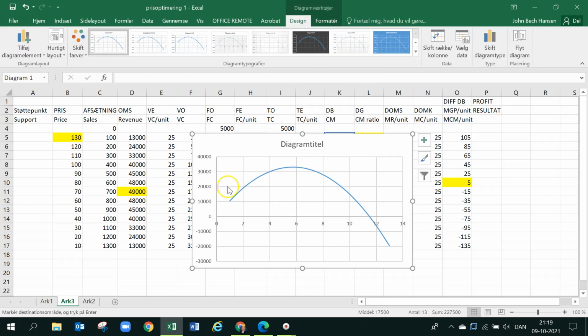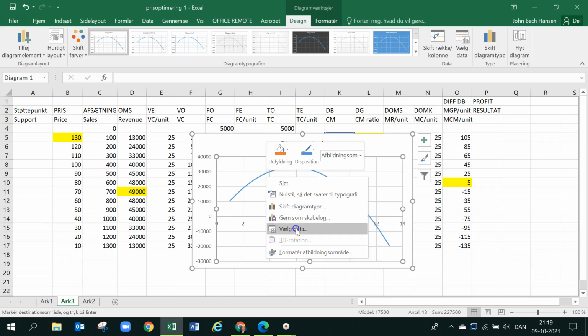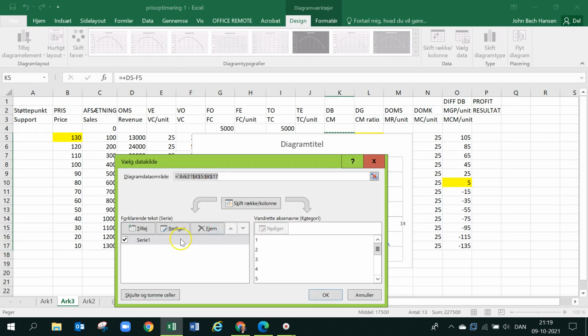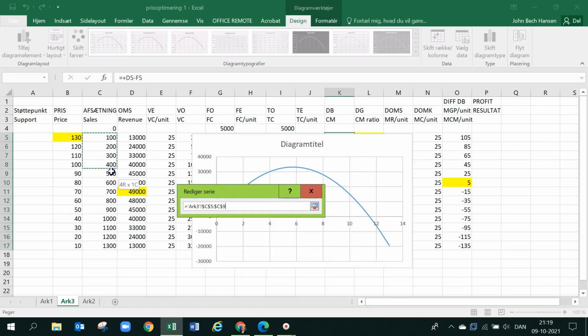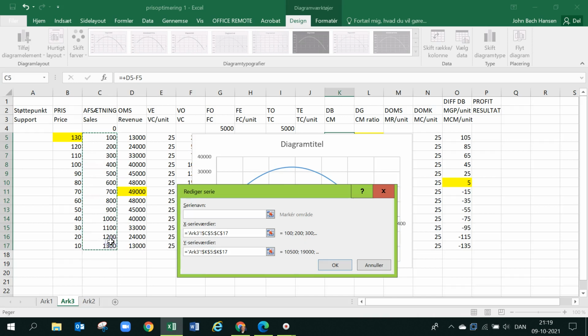And as we can see, it has naturally only taken in the total contribution margin here in the Y diagram. So I just need to right click and choose data, and I will edit this one here and add the X values, which is the sales. And I can now say this is the contribution margin.